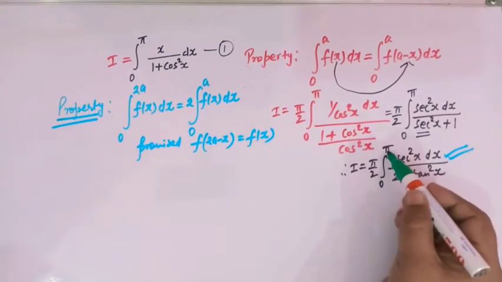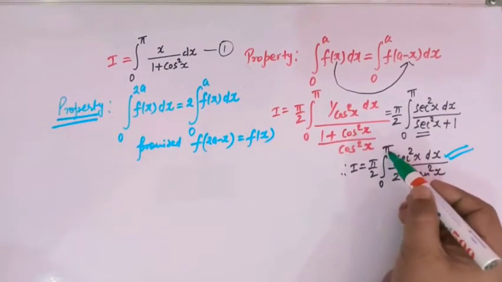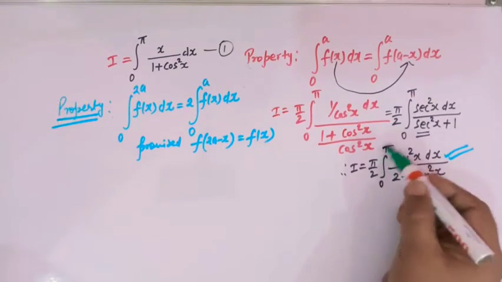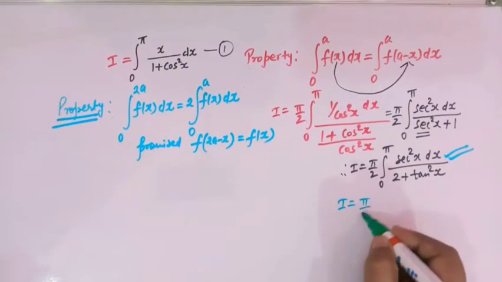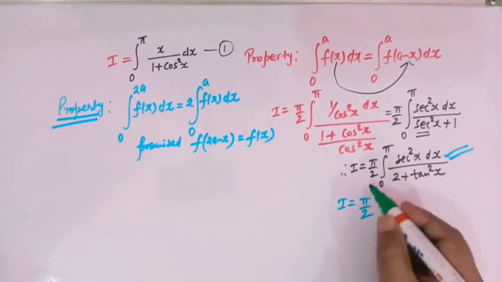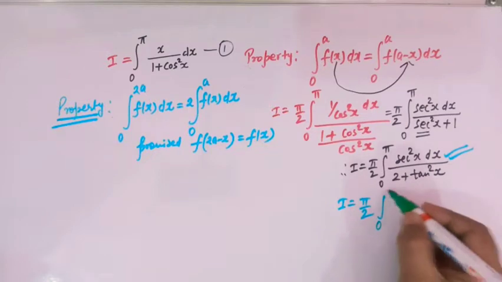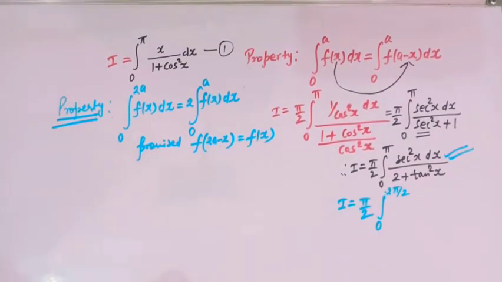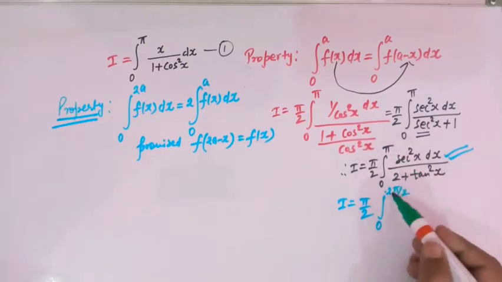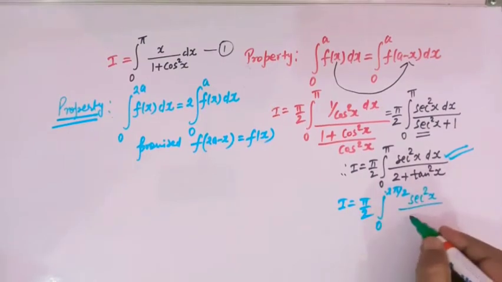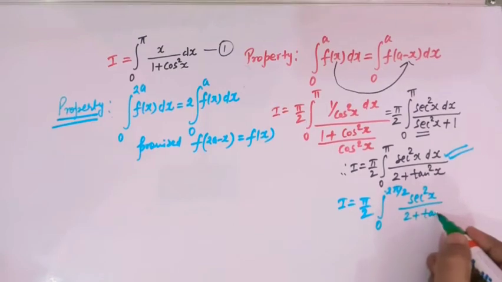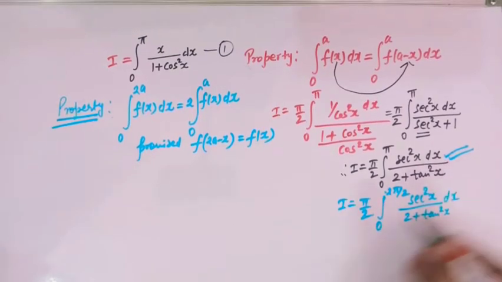So this upper limit pi can be written as 2 times pi over 2, because 2 and 2 get cancelled, and here we have the integrand secant square x over 2 plus tan square x dx.